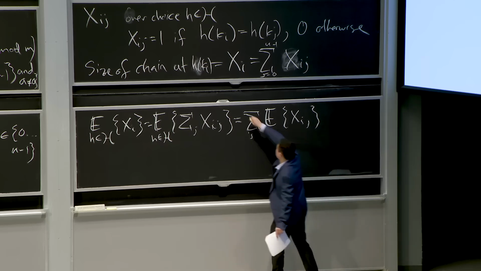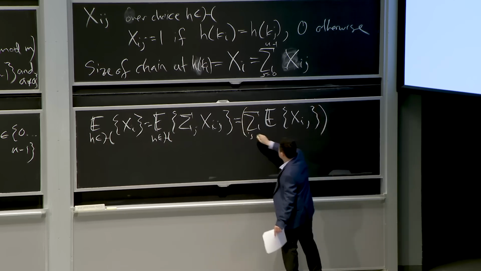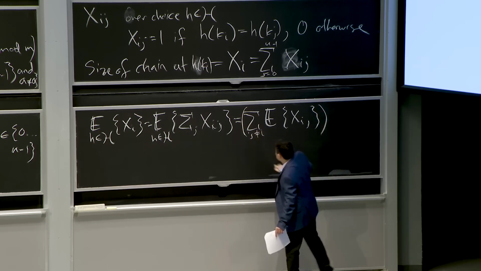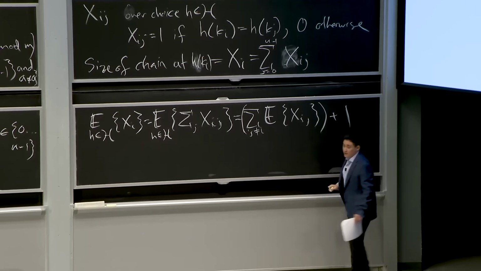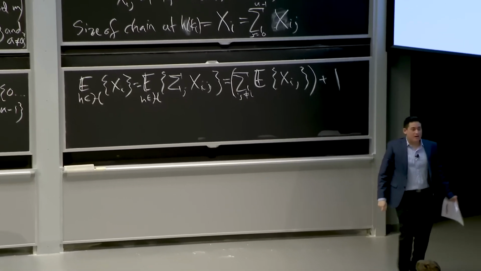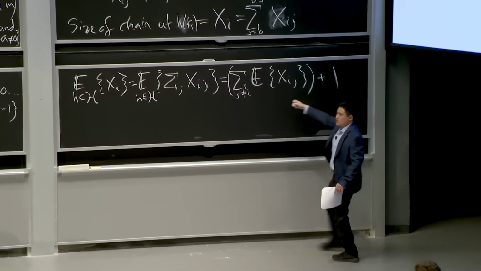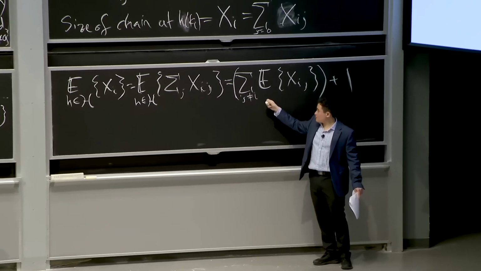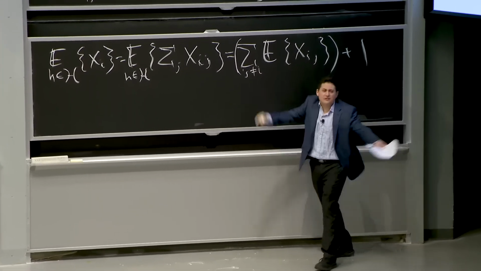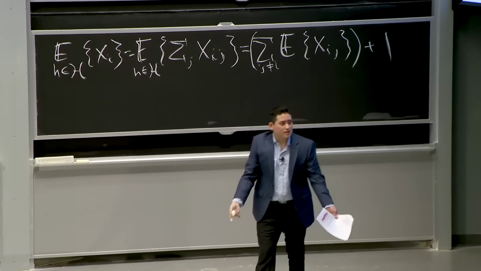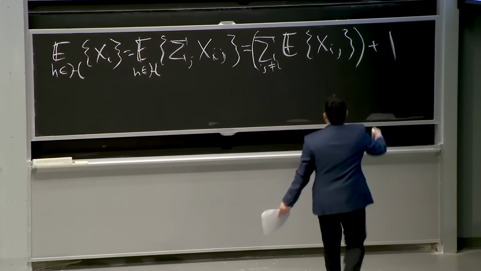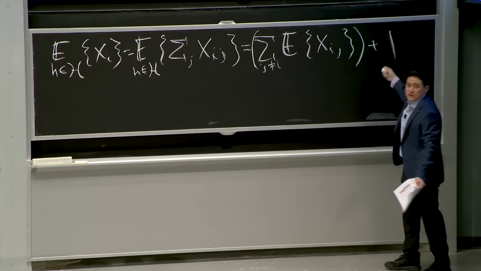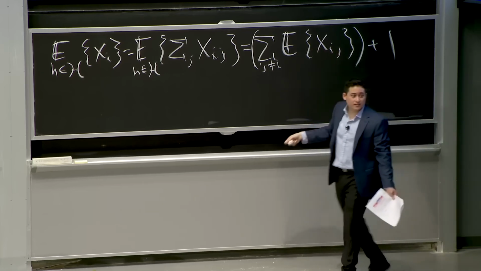So I'm going to refactor this as the sum where j does not equal i, plus 1. Are people okay with that? Because if j and i are equal, they definitely collide. They're the same key. So I'm expected to have one guy there, which was the original key, k_i.